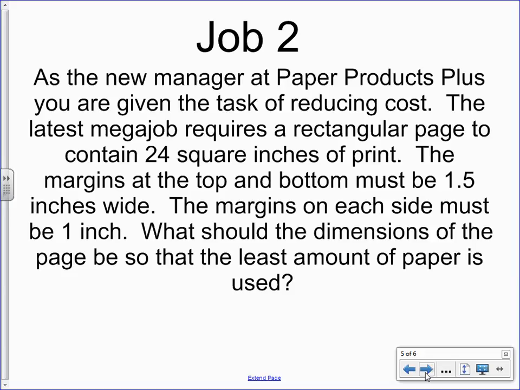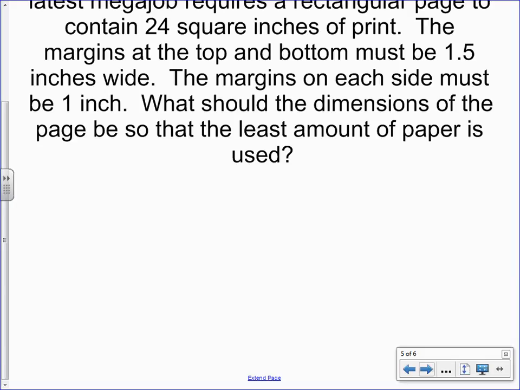Okay, so read your problem. Okay, what are we working with? We have a piece of paper.